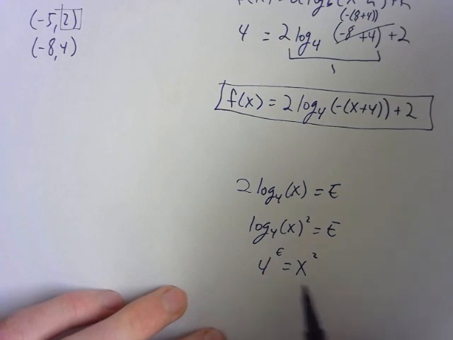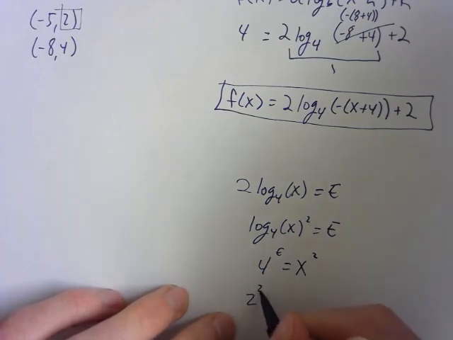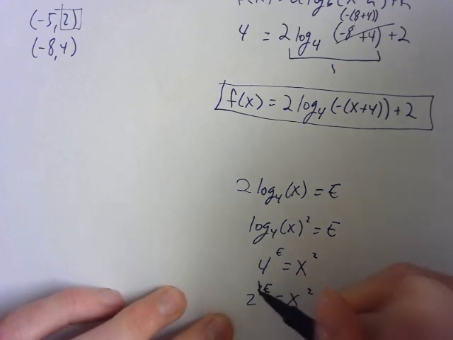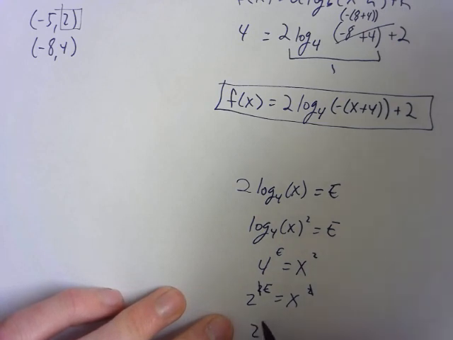And 4 is the same thing as 2 squared. So I can say 2 squared times e, remember multiply exponents, equals x squared. And I can cancel out my 2's.